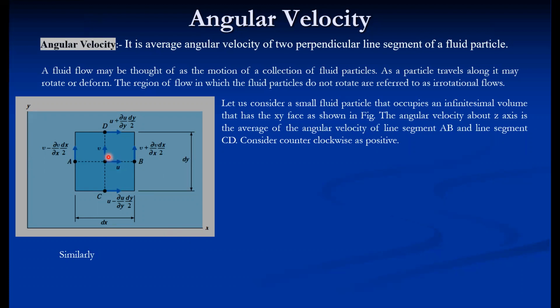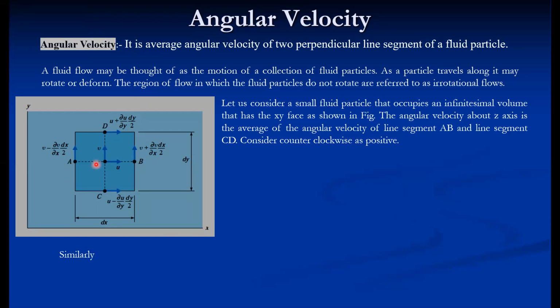The angular velocity about the z axis, that is the rotation of this particular element along the z axis, is the average of angular velocity of two perpendicular line segments as per the definition. So here we consider the line segment AB and line segment CD, and consider counterclockwise as positive.